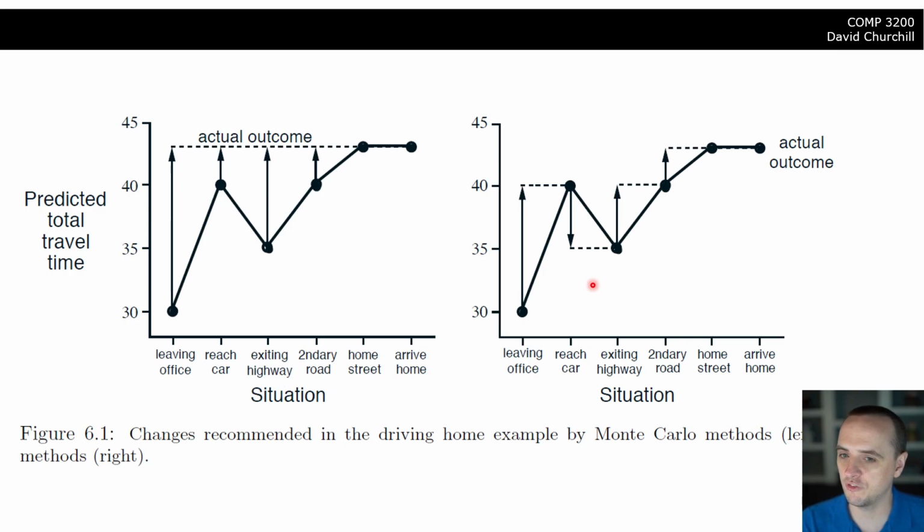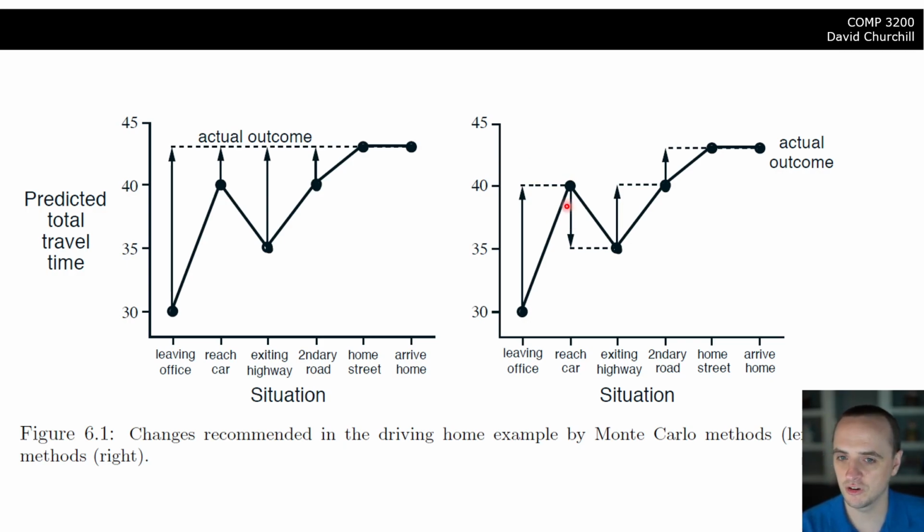Whereas temporal difference learning does take that context for what happened at each state into account. Right? So as you were leaving the office, you thought initially you were going to be home in 30 minutes, but then when you reached the car, you found it was raining. So your estimate of your state value from leaving the office goes toward that estimate of 40 rather than the final outcome of 43.